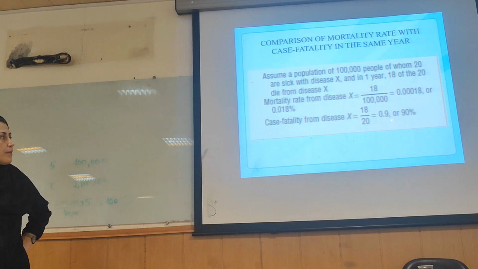Mortality rate. It is clear. Total population is 100,000 and mortality from disease X is 18. Okay?